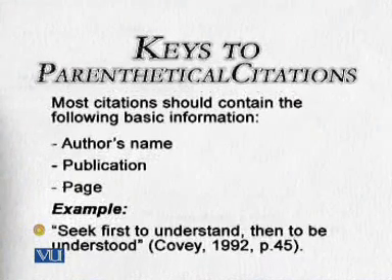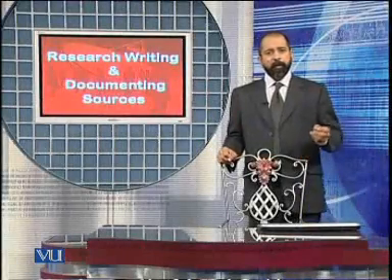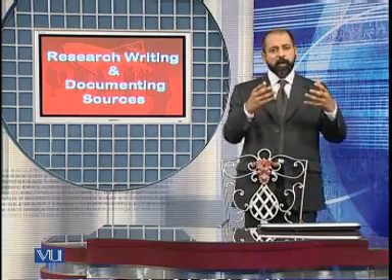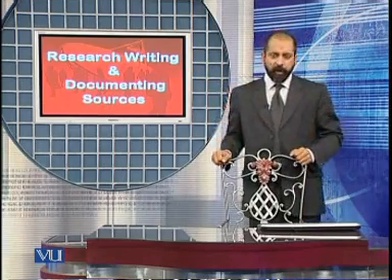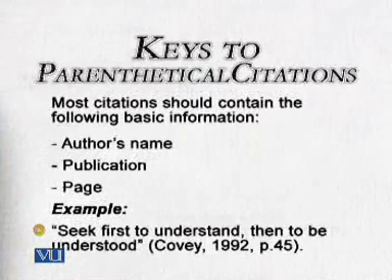On your screen, there is one example. In inverted commas, seek first to understand, then to be understood. Now, this is the quote which you want to use in your writing. Of course, these are not your words. These are someone else's words. Therefore, you have to set it off from your text with the help of inverted commas. And then right after the quote, in brackets, number one, you mention the author's name, which is Covey.